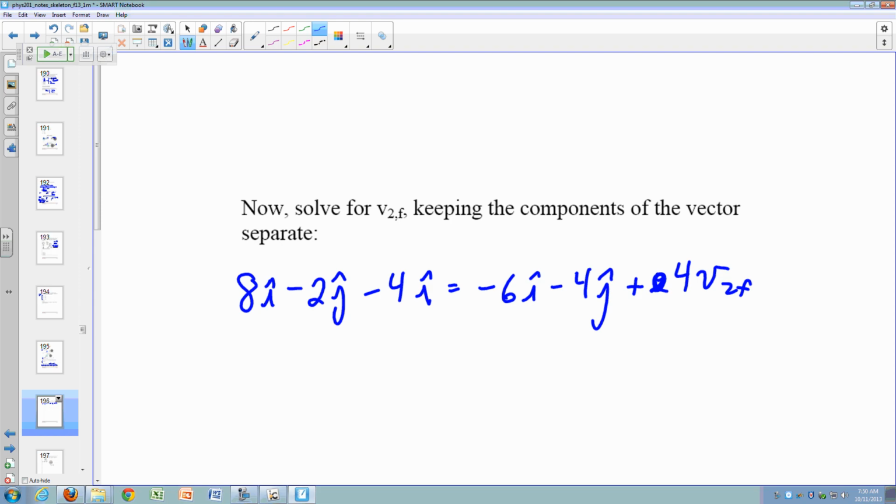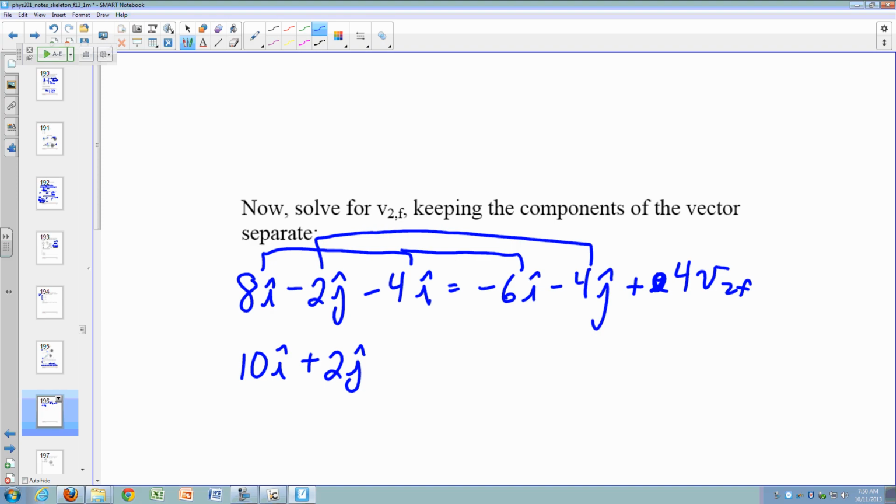I'm just going to combine all my i and j terms. Combine that and I get 4i, and then I combine that and I get 10i over here. Then 2j plus 2j: I brought this over and combined it with that negative 2j.